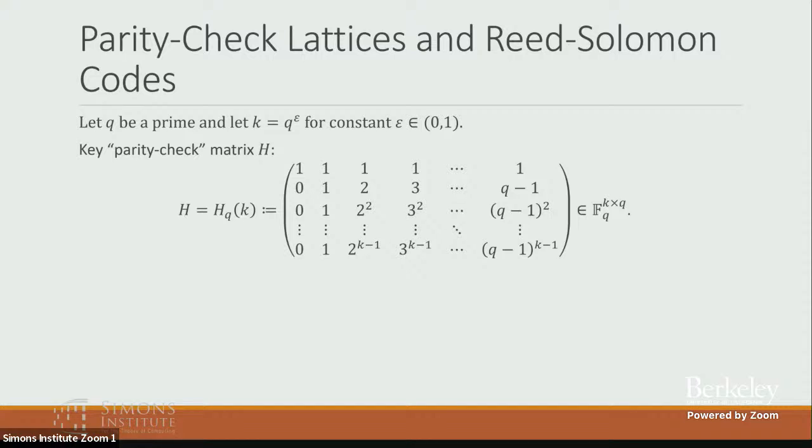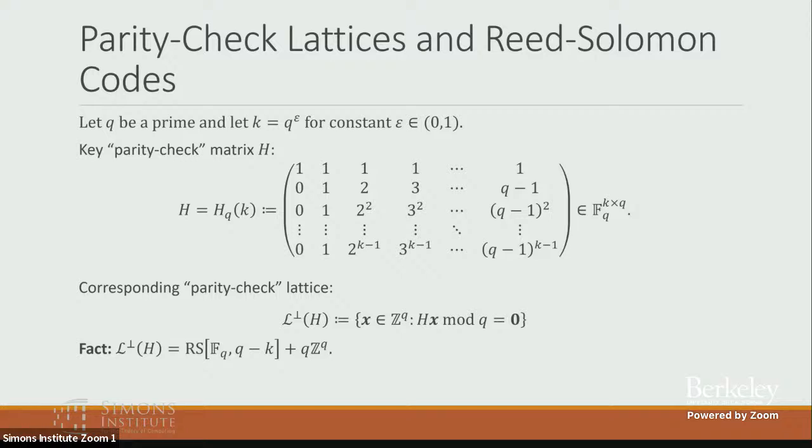From this matrix, we can define a corresponding parity check lattice. It's the set of all integer vectors x such that Hx mod Q is equal to the 0 vector. This should look familiar. This is the type of construction used for constructing lattices in SIS, just there you're taking some random matrix A instead of this particular one.